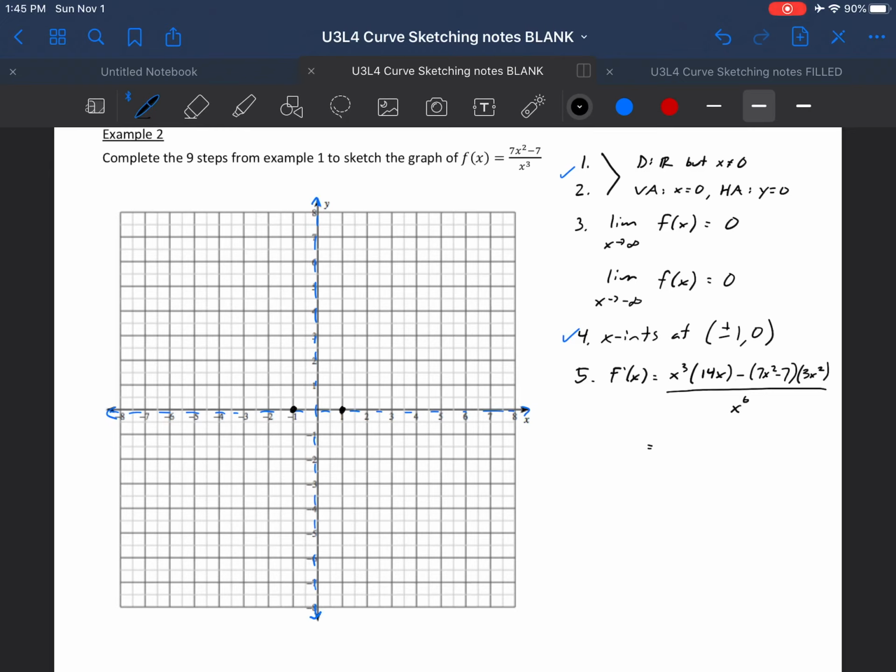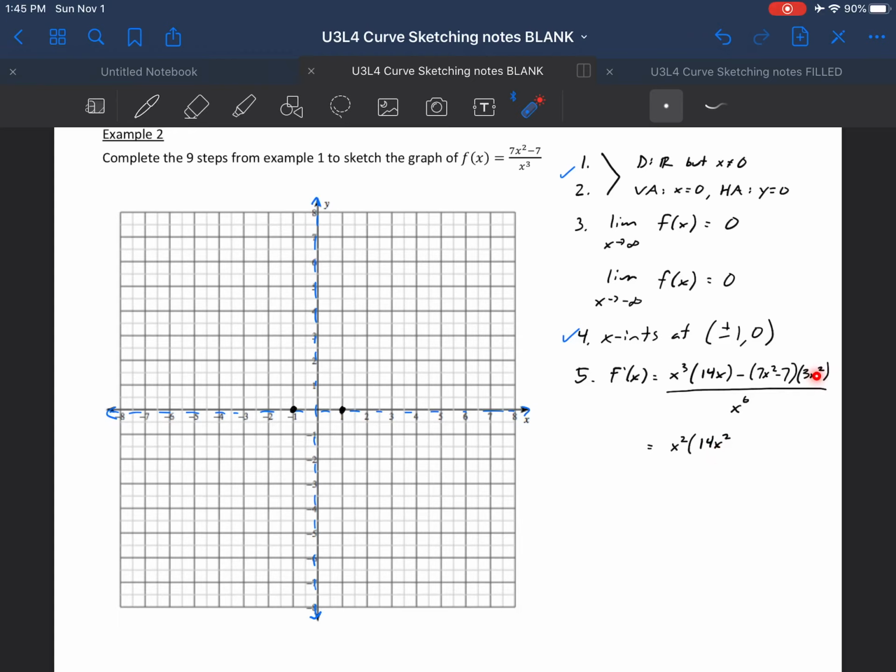Okay, if we clean this up, it looks like an x squared can come out of everything. Actually, I should have taken the 7 out too. Let me do that, guys. Let me erase all this. Sorry.